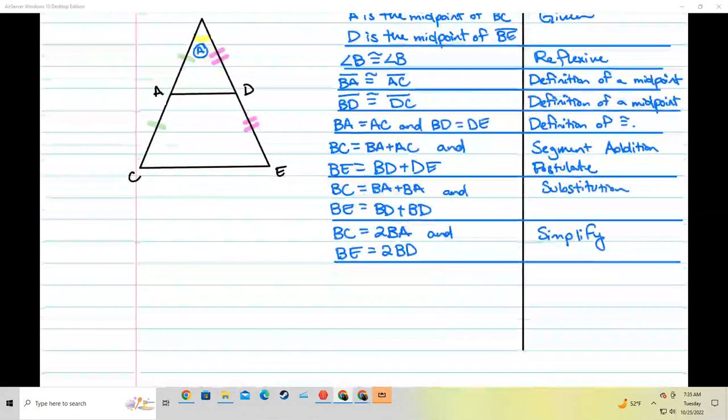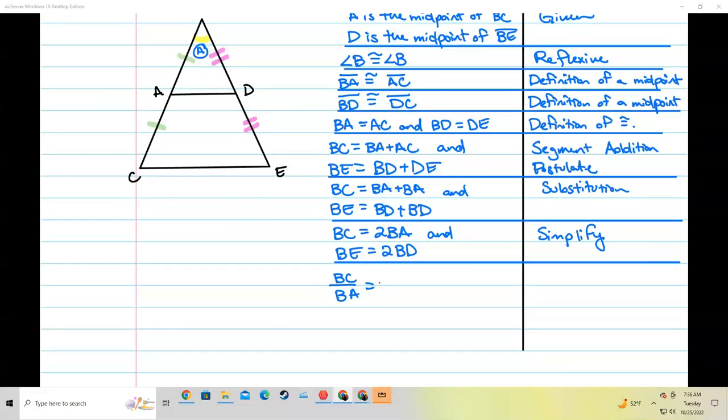We're going to go ahead and divide both sides by BA. And when I do that, I get BC over BA is equal to 2. And I'm going to do the same thing. I'm going to divide both sides by BD. I'm going to get BE over BD is equal to 2.